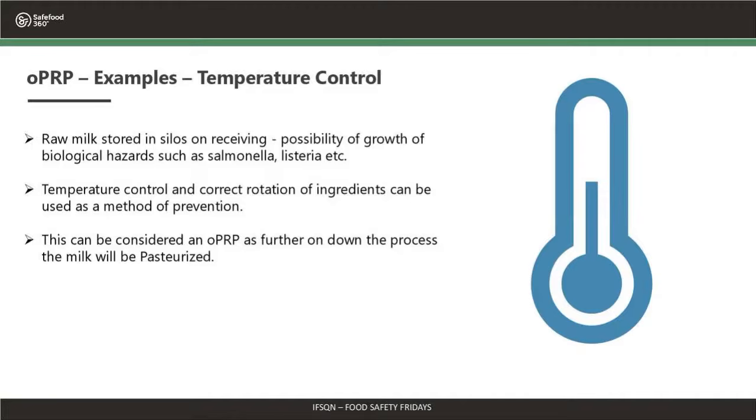But if we have temperature control in place and further on down the process, we're going to pasteurize this milk, then temperature control at this receiving step, or this would be storage of the milk, could be considered an OPRP. A failure at this point might not necessarily mean that there will be a high food safety risk, because we will be pasteurizing later on. So these examples can help you understand what an OPRP is.